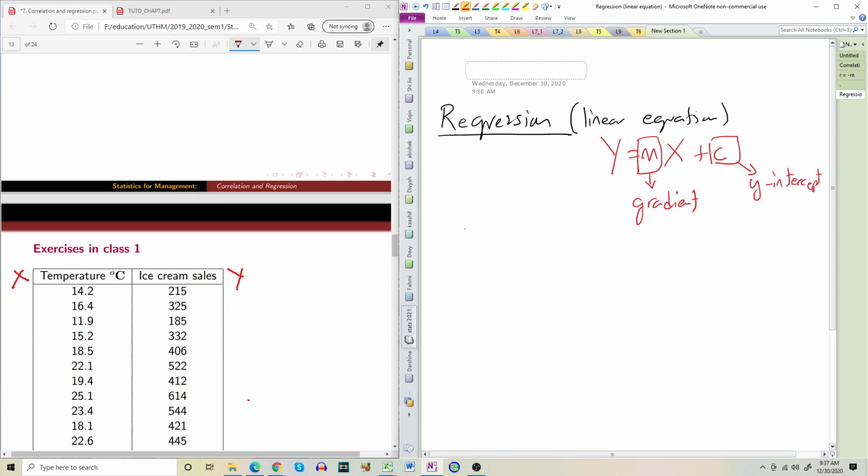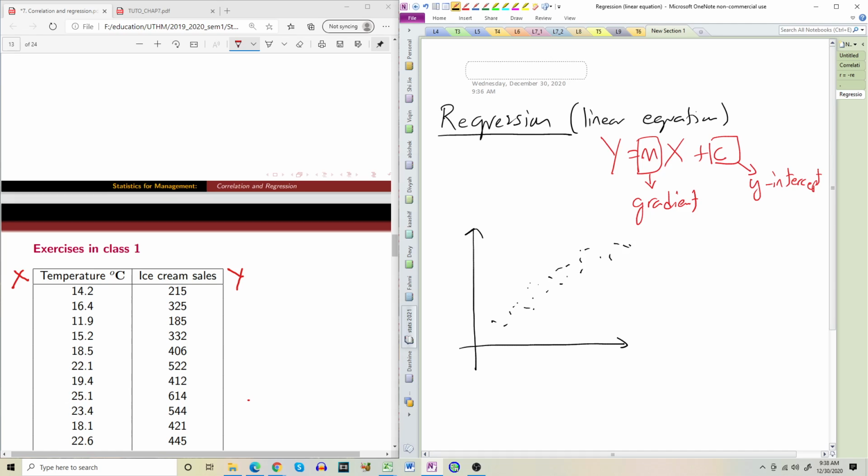So if you plot a graph, the correlation is how strong is the relation between this plotting.